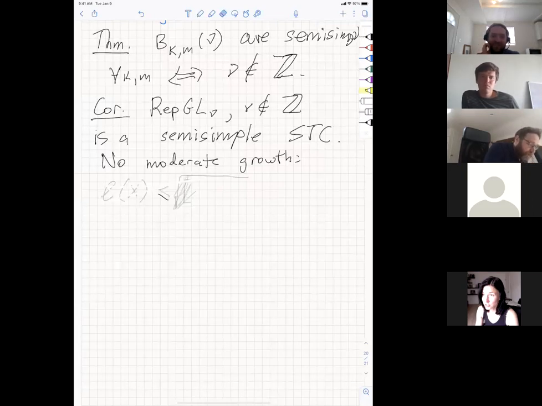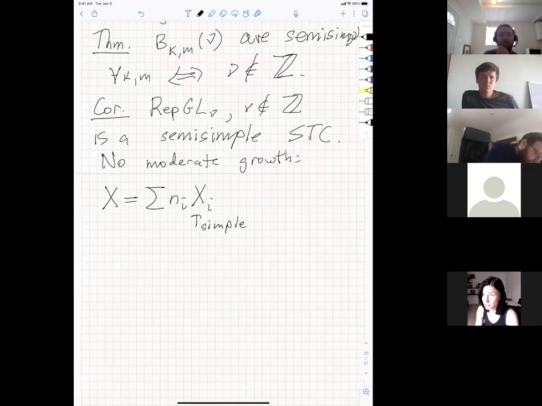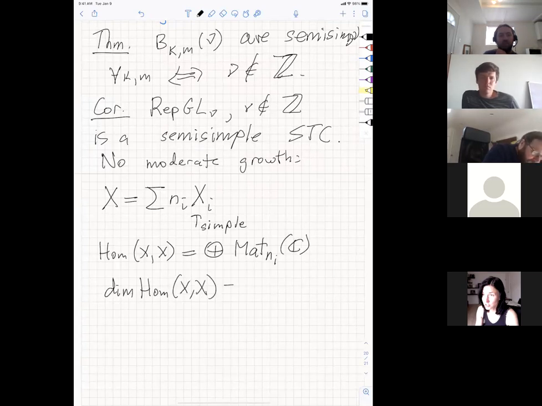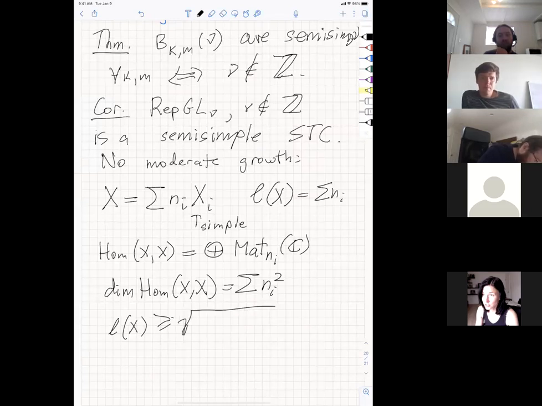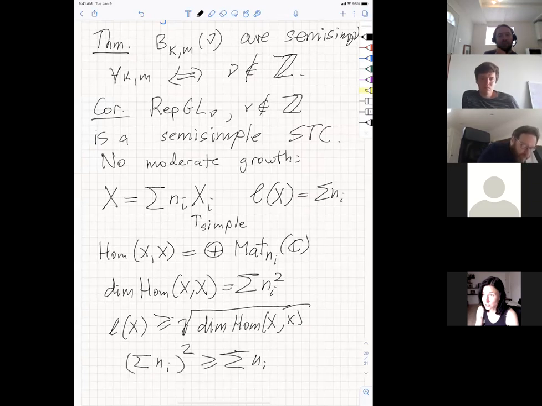So if you have x, which is a sum of n_i x_i, and these are simple, and n_i are integers, then Hom from x to x is the direct sum of matrix algebras of size n_i. So the dimension of Hom(x,x) is the sum of n_i squared, and the length of x is just the sum of n_i. So the length of x is always at least the square root of the dimension of Hom(x,x), because the sum of n_i squared is at least the sum of n_i.